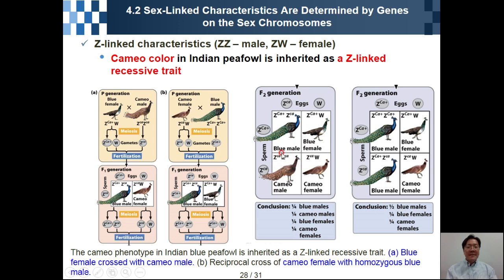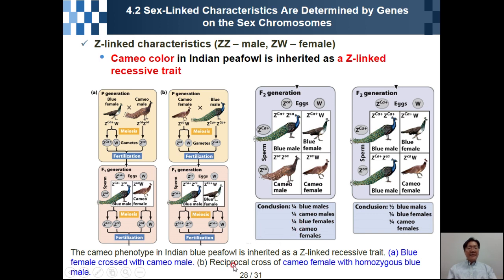They will have ZCA and ZCA, meaning male, and the color is camel male, like this, okay? How about this one? This one is ZCA and W, meaning this is the camel female. So the ratio between the blue male, the camel male, the blue female and the camel female is 1 to 1 to 1 to 1.